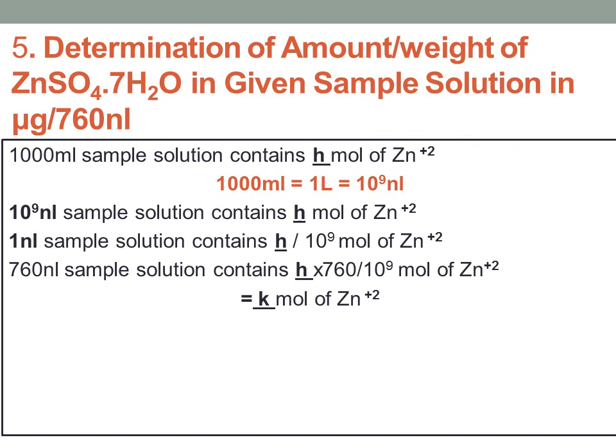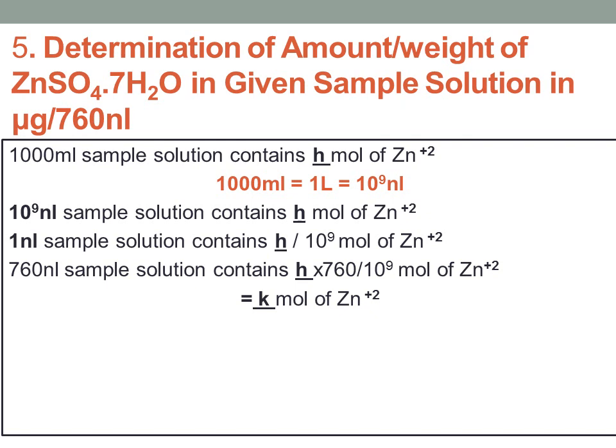So 1 nanoliter sample solution will contain H divided by exponent 9 mole of zinc plus 2. हमें क्या करना है? We have to find out the amount of weight of zinc sulfate heptahydrate in 760 nanoliter. यहाँ पर volume conversion B है. We know 1000 ml is mole. तो हमें यहाँ पर मिलीलीटर से नैनोलीटर की साइड पर जाना है और नैनोलीटर भी कितना नैनोलीटर है? 760 नैनोलीटर.